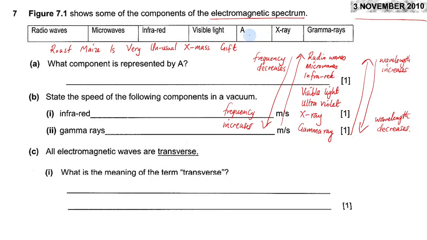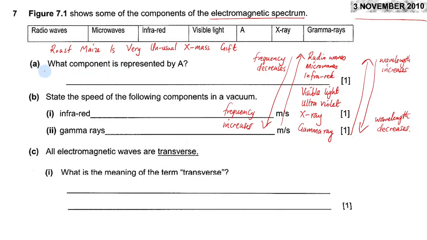Then number two, they travel at the speed of light. Then number three, they have the same speed. They travel at the same speed, they travel in a vacuum, and those are the common things about them. Then they differ in frequency and also in wavelength.